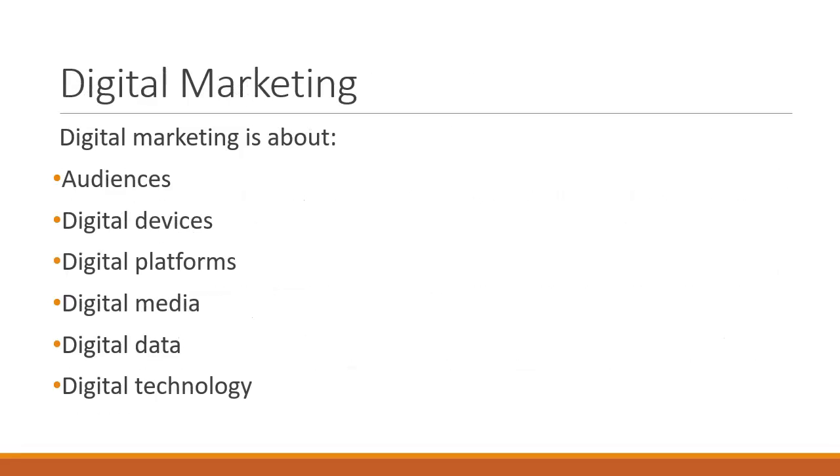So when we talk about digital marketing, we have our audience. Who is our audience? And how do we get in front of our audience? Well, we have a very large audience when we talk about digital marketing because we're talking about who is coming to our website, who can we capture on any kind of social media: Snapchat, Facebook, TikTok, Twitter, Instagram, and the list goes on and on and on.